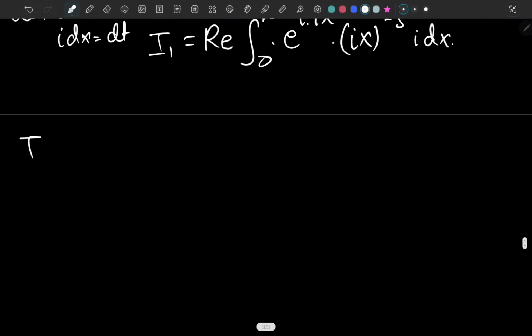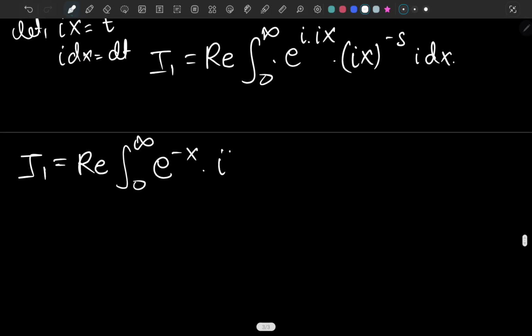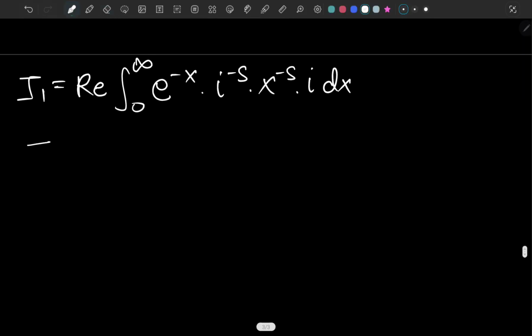So I1 is the real part of this integral from 0 to infinity of e to the minus x, I to the minus s, x to the minus s, and I dx. So it's going to be the real part of I to the 1 minus s, integral from 0 to infinity.